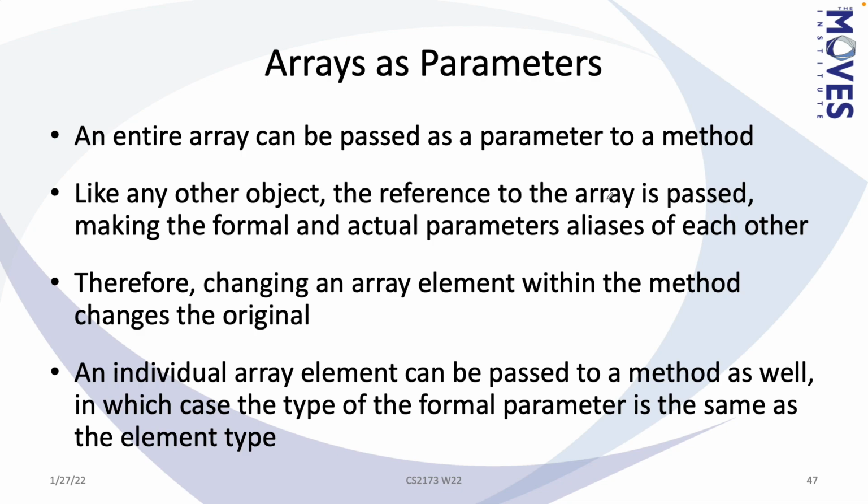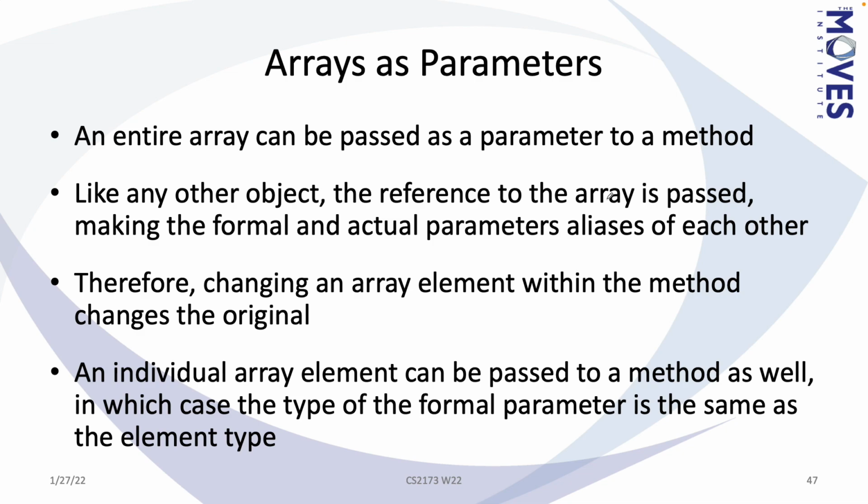Similarly, if you're passing an object, and an array is an object, what gets passed is a reference to that object. And so what gets passed is actually a copy of the reference to that object. So if you change that reference inside the method by, say, having it point to something else, it will not change the place where it was called from.